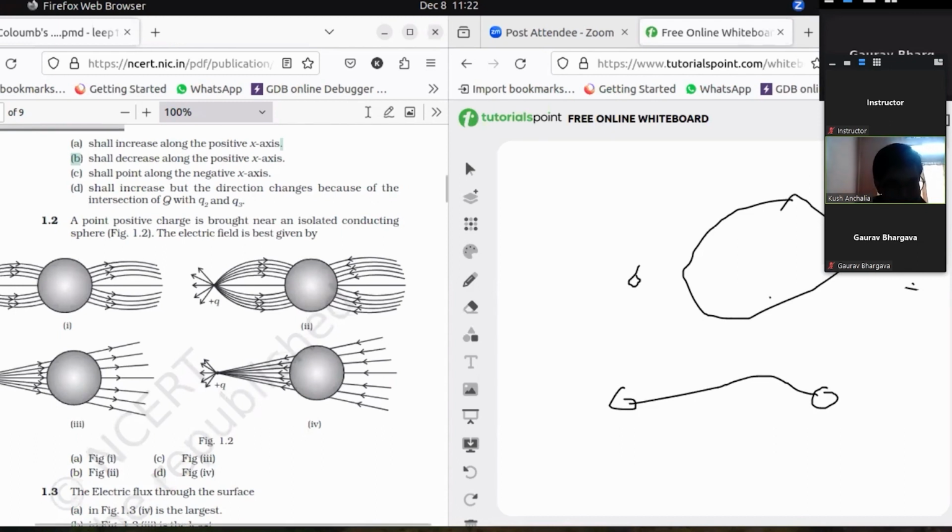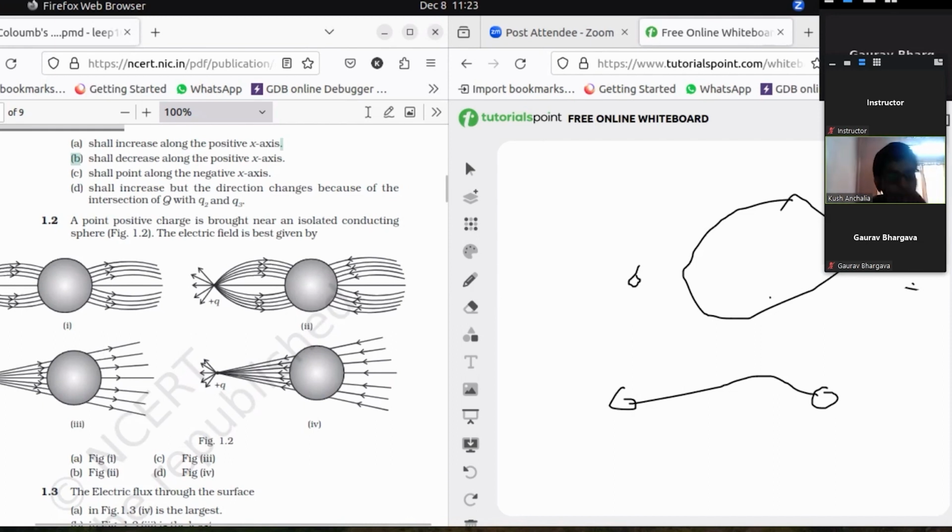So there should be at least a line. So 3 and 4 are definitely not, because there should be a constant line. Now, a positive charge is near, so let us consider both as positive.